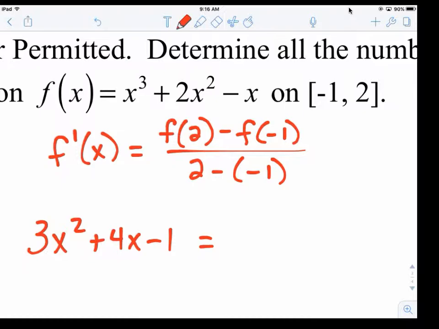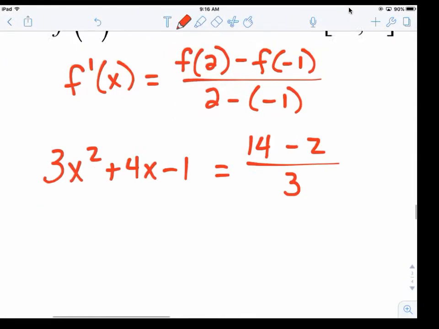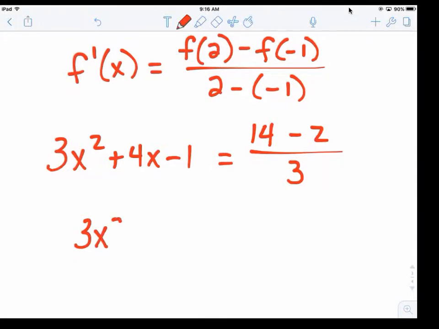All right, what would f of 2 be? -1 would be -1 plus 2 is 1 plus 1 is 2 over 3. 14 minus 2 is 12. 12 over 3 is 4.